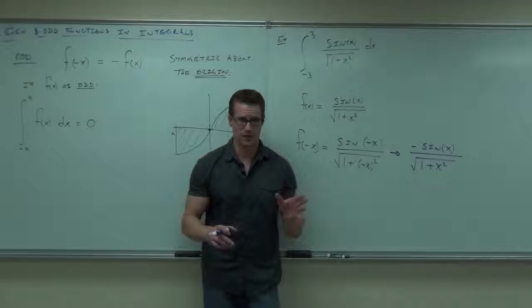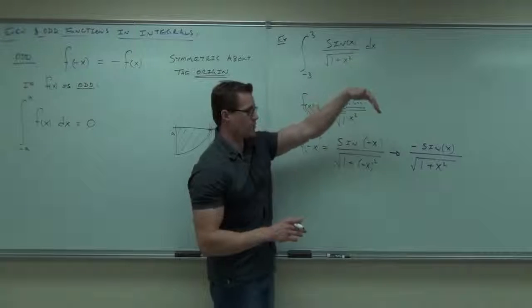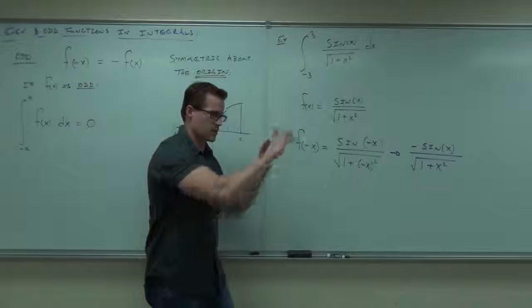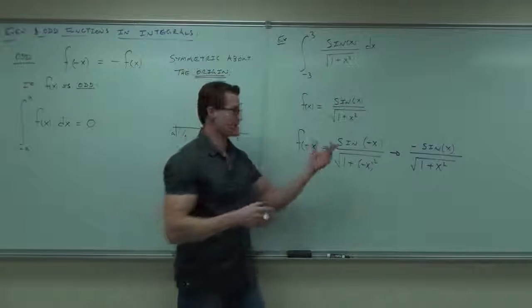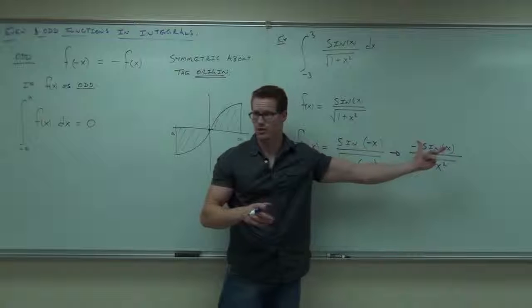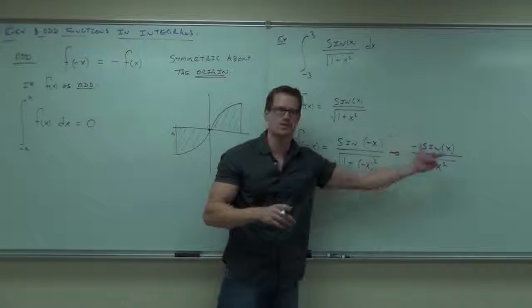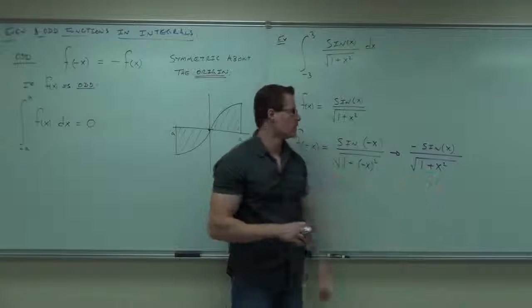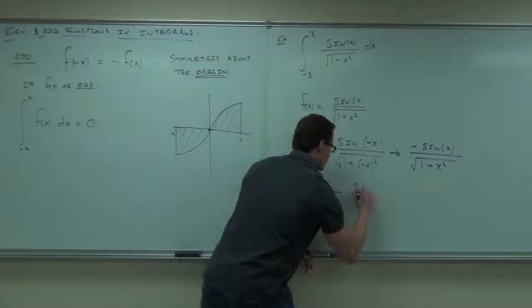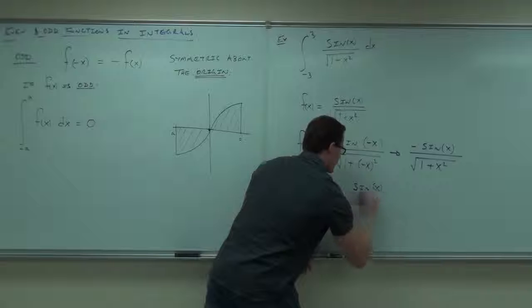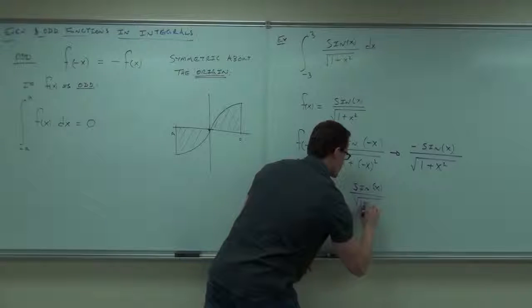It is inherently an odd function because it does this and it does that. It's symmetrical about the origin, right? So knowing that sine's an odd function says this absolutely must be the case. Sine of negative x has to be negative sine of x. So that's true. Well, look what we can do. This is equal to negative sine x over the square root of 1 plus x squared.